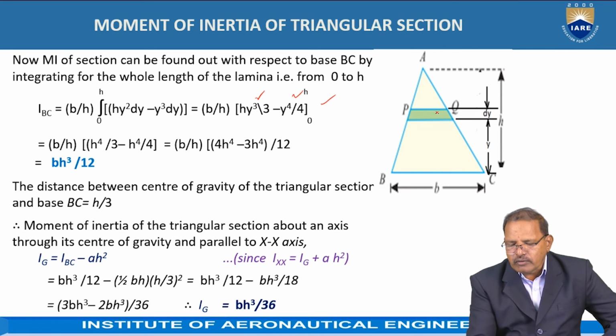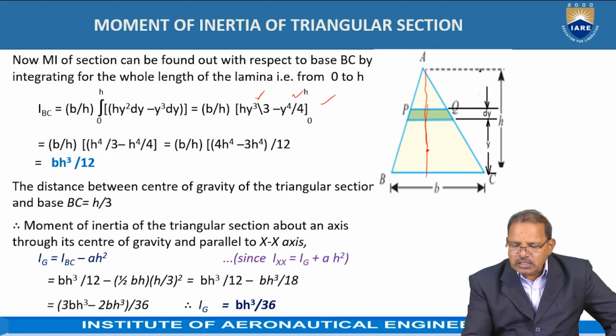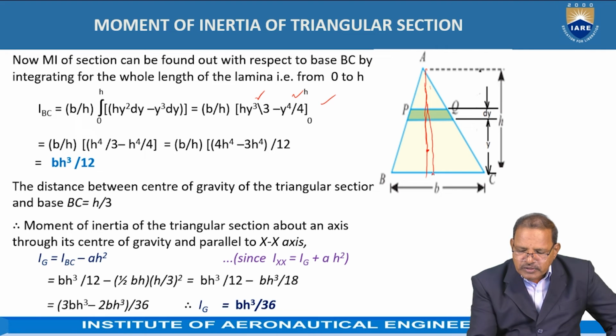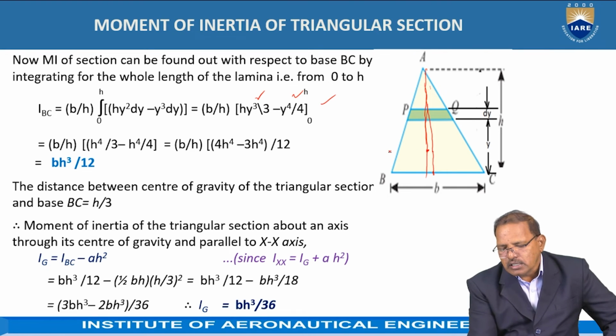Sometimes we are required to determine the moment of inertia of this triangle about its centroidal axis. The centroidal axis always lies at a distance of h by 3 from its base. That is, here this distance is equal to h by 3.